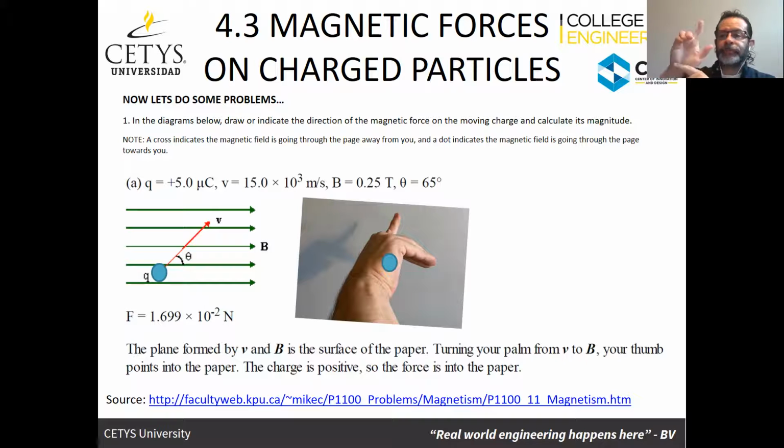Now, where is this force going? Well, again, looking at the page, our index finger is going in the direction of the velocity. The other fingers are going in the direction of the field.